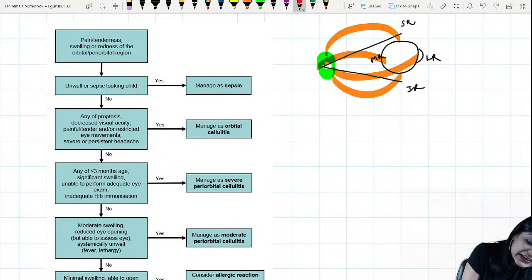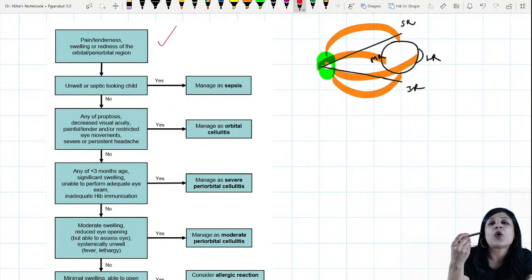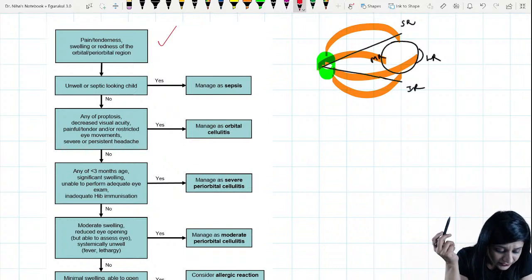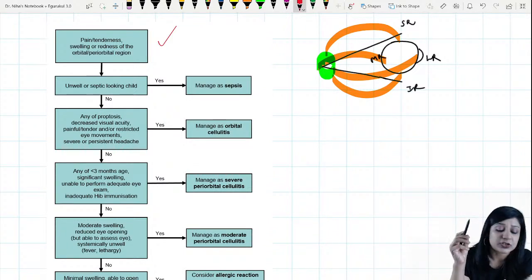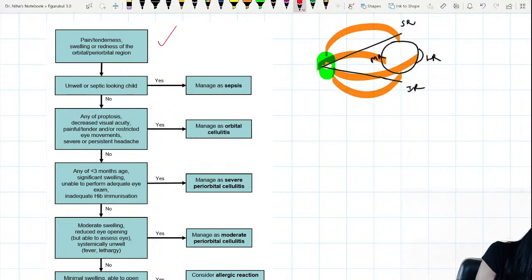Suppose you have a patient coming with pain, tenderness, swelling, or redness in the orbital or periorbital region. You have to see the general condition of this child. So the first thing is the general condition.